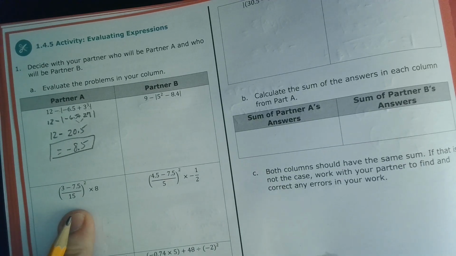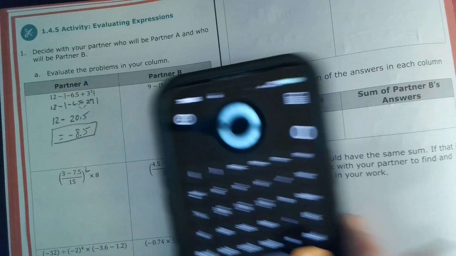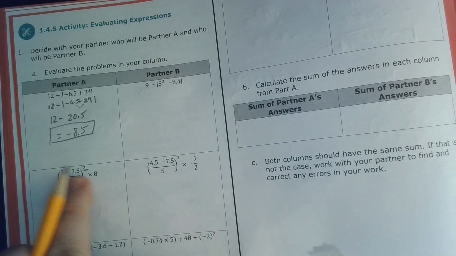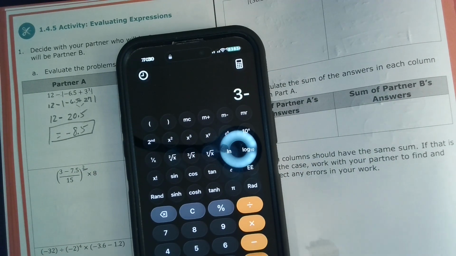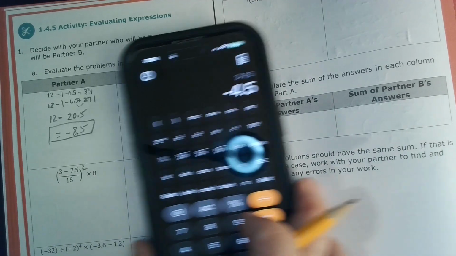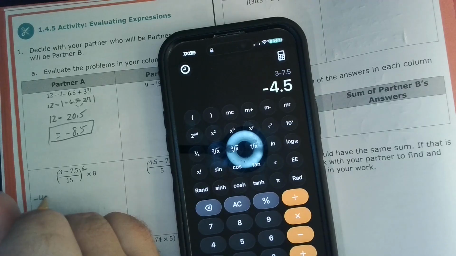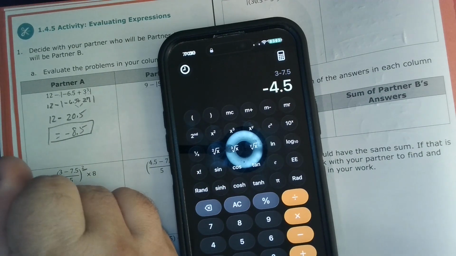Okay, down here. So we got parentheses first. Then we have to square it. So what I recommend, type this in the calculator just like it is. So you're going to go 3 minus 7.5. I'm going to go ahead and hit equals, because I want to know what that is on top. If you want to write it down, you can. In fact, I'll do it over here. -4.5 squared.